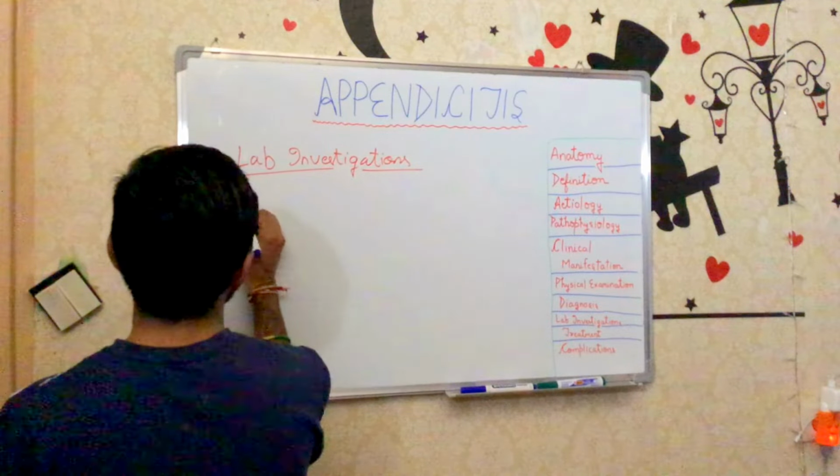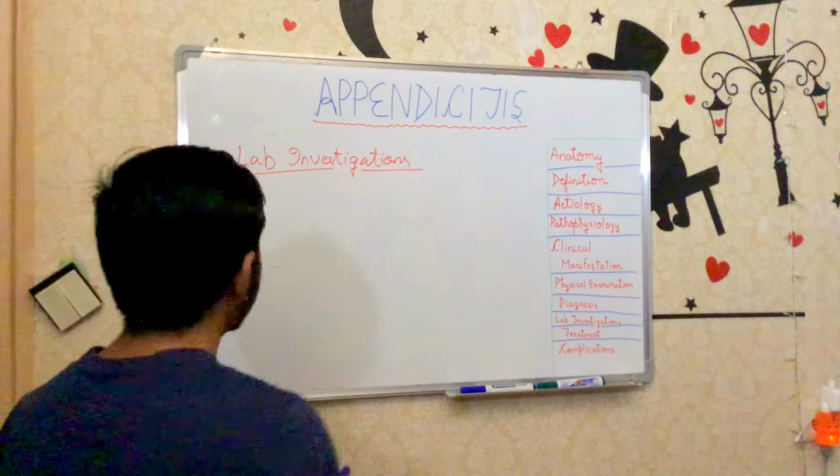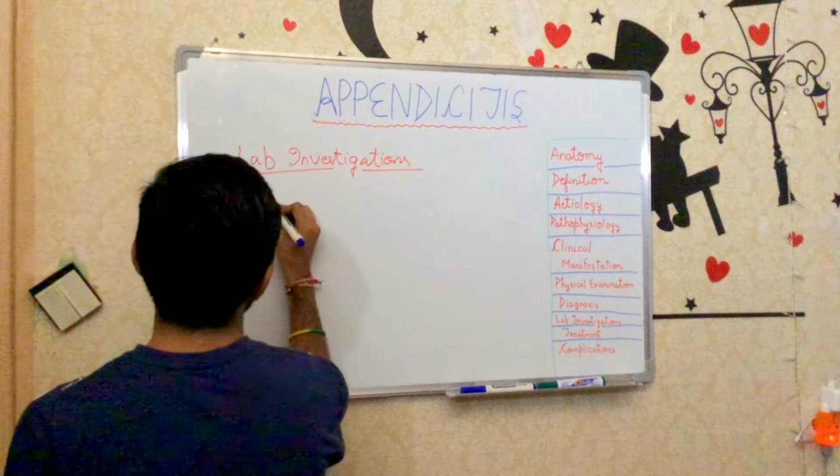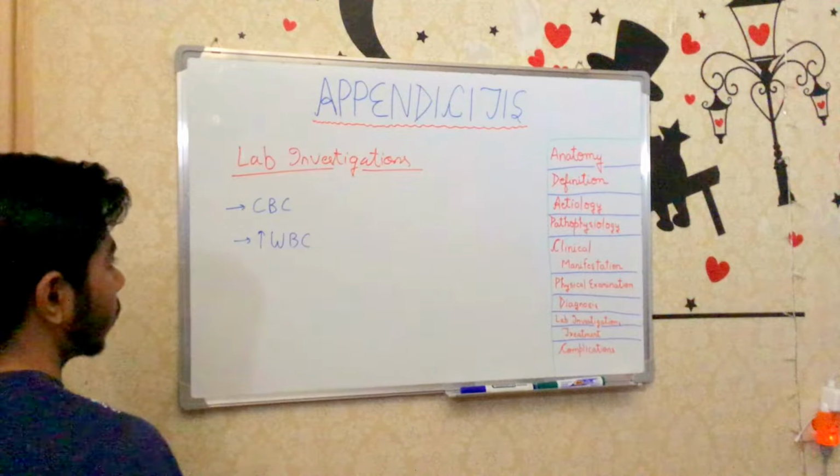You will go for the complete blood count, CBC, and there if you find an increased count of WBC, white blood cells, which means leukocytosis, which could be positive for appendicitis.